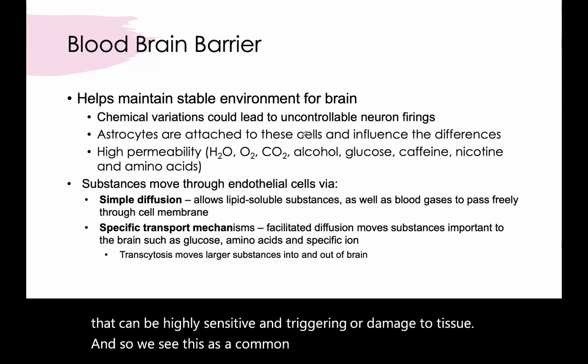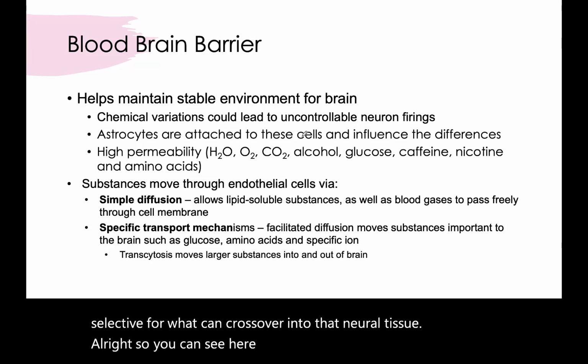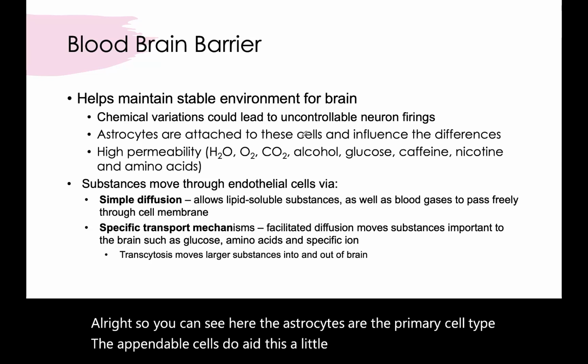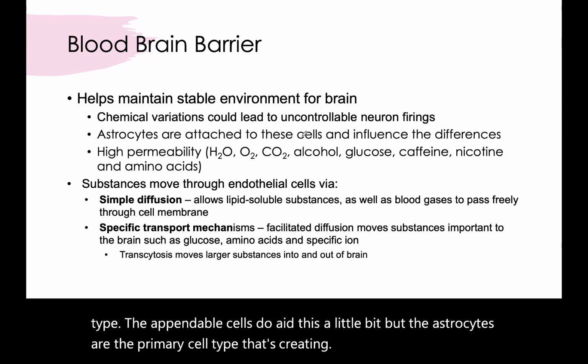Again, being highly selective for what can cross over into that neural tissue. All right? And so you can see here, the astrocytes are the primary cell type. The ependymal cells do aid this a little bit, but the astrocytes are the primary cell type that's creating the blood-brain barrier.